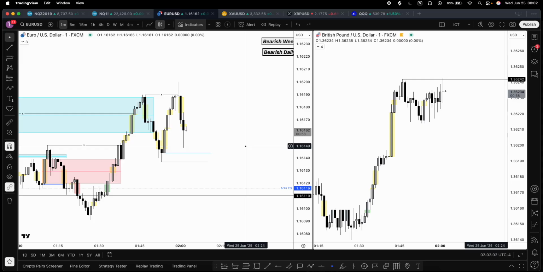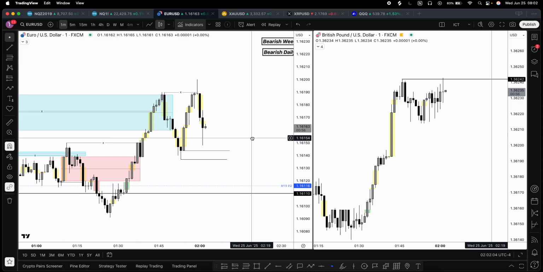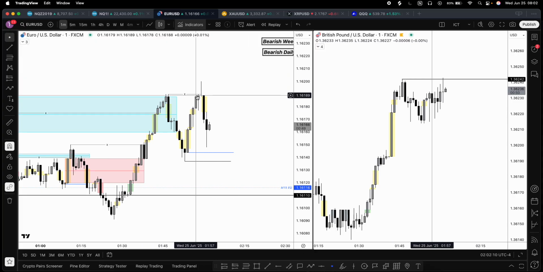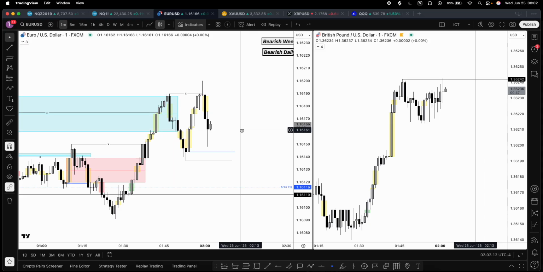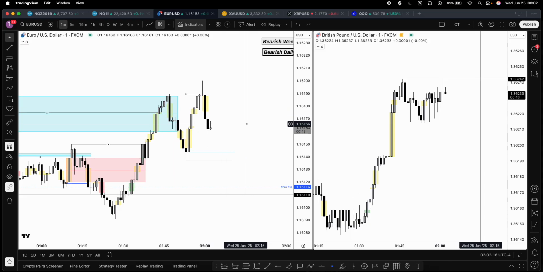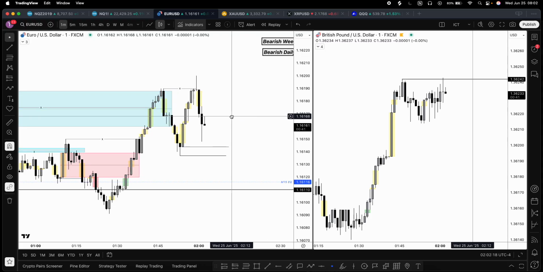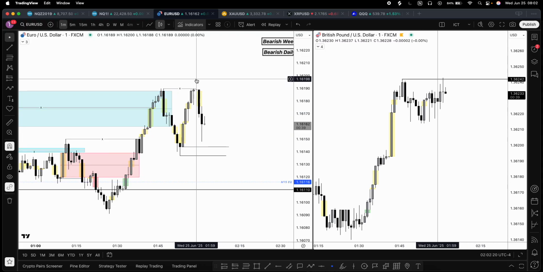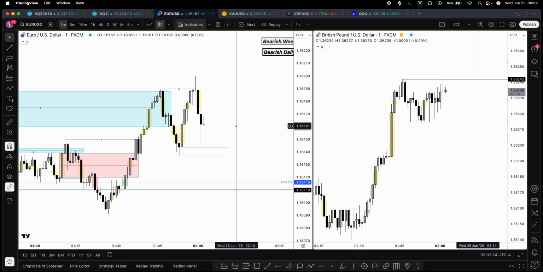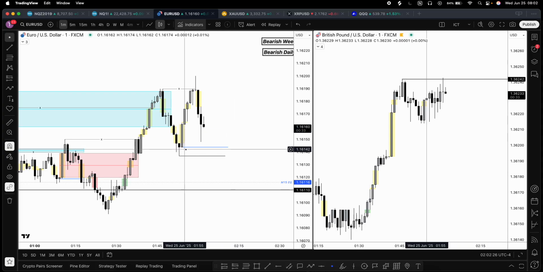Okay, so in the entry model, over here we have a sweep, liquidity sweep, price swept above this high. Then we look at the last series of up close candles because we're looking to go short. And this is the last series of up close candles. We look at the open of that last series of up close candles, which is here on this blue line.